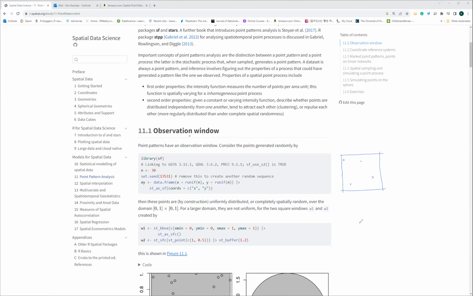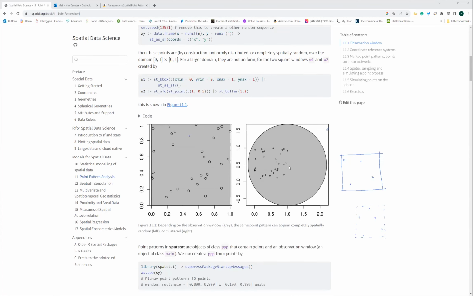When no boundary window is defined, an arbitrary boundary window is defined based on the edge of the points. Or, as you can see at the bottom, it depends on how we define our boundary windows.